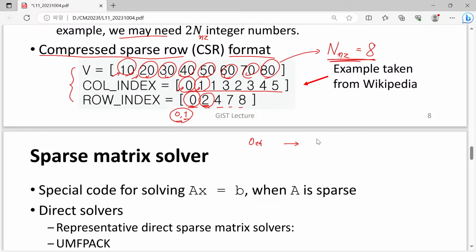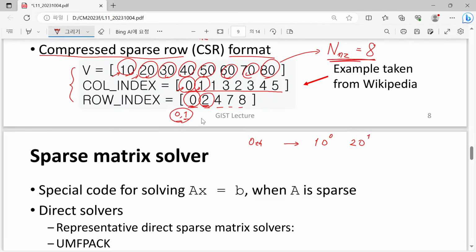So we will have 10 and 20 for the first row, in the 0th column and first column.